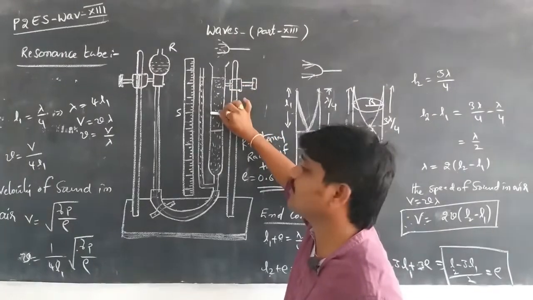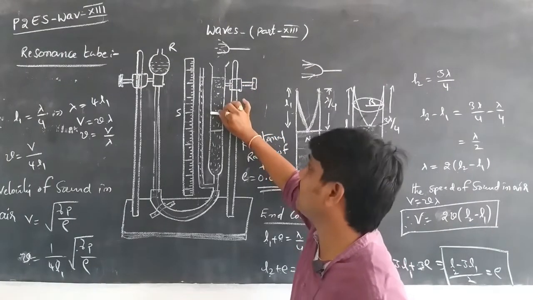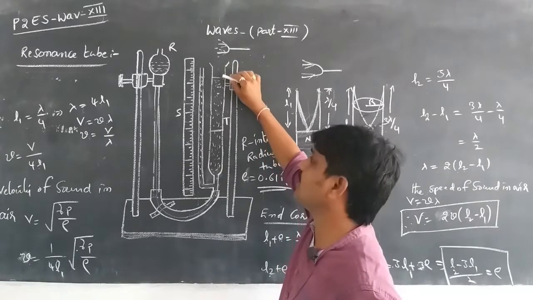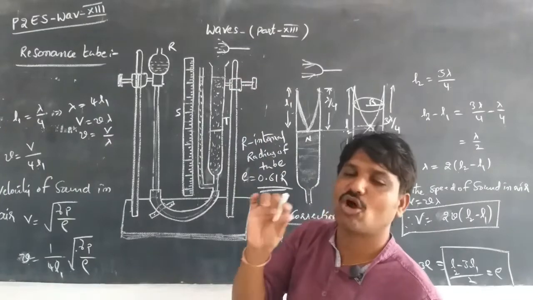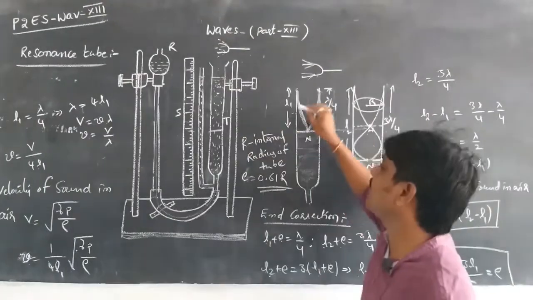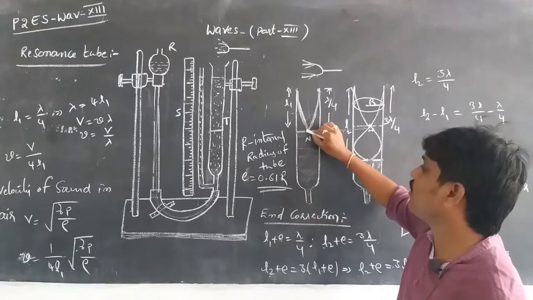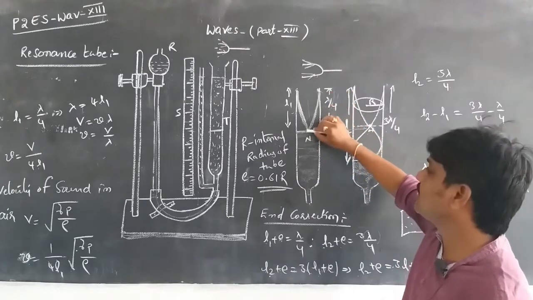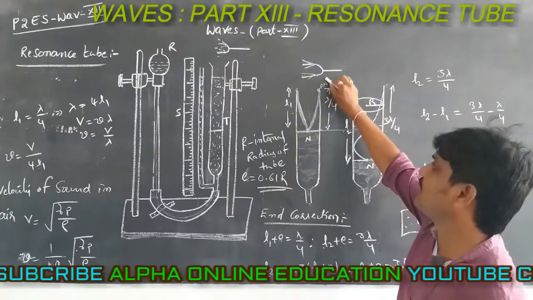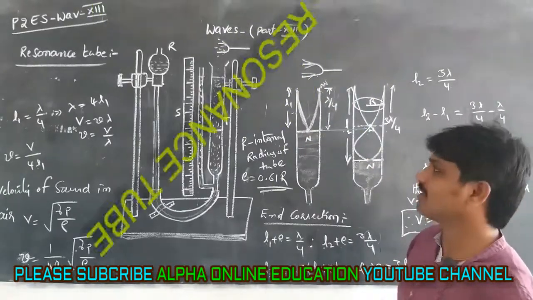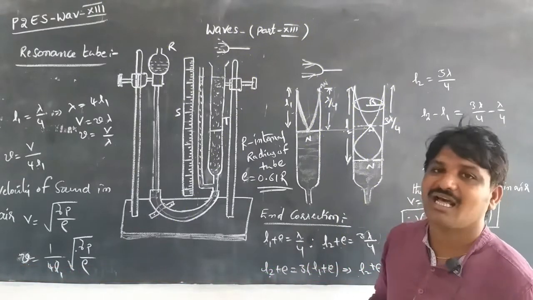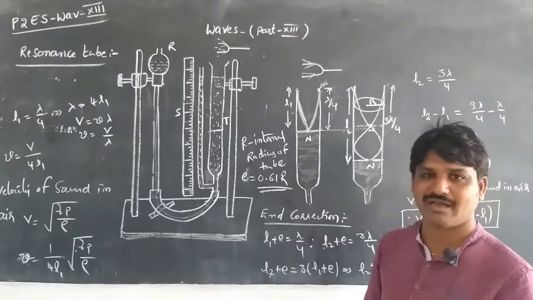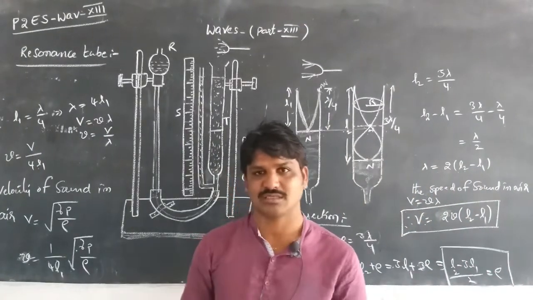At some level we fix the water level, then vibrate the tuning fork at the mouth of the tube. Only at some points can we hear the loud sound, because of reflection at the water level forming a node and an antinode at the open end. Then we can measure the lengths of air columns and take the values using the formulas. Thank you very much.